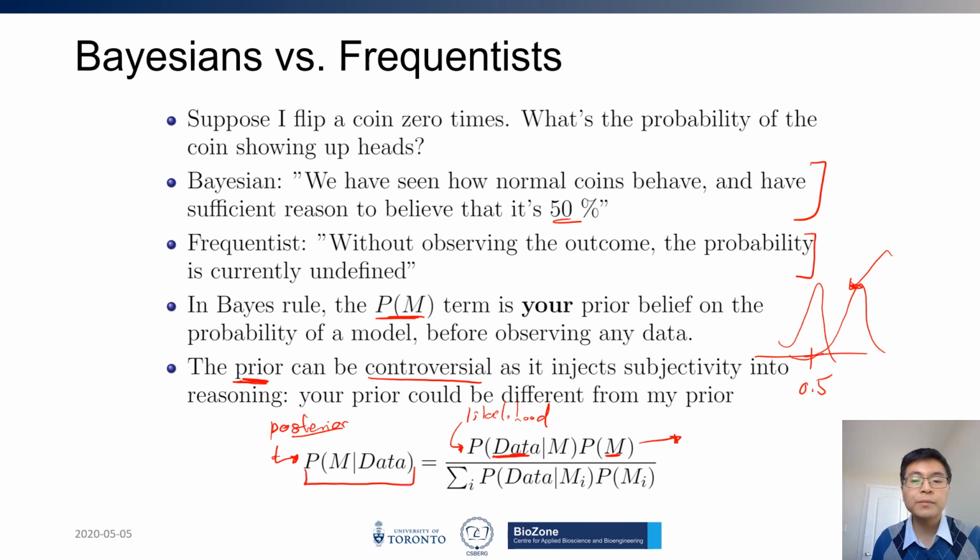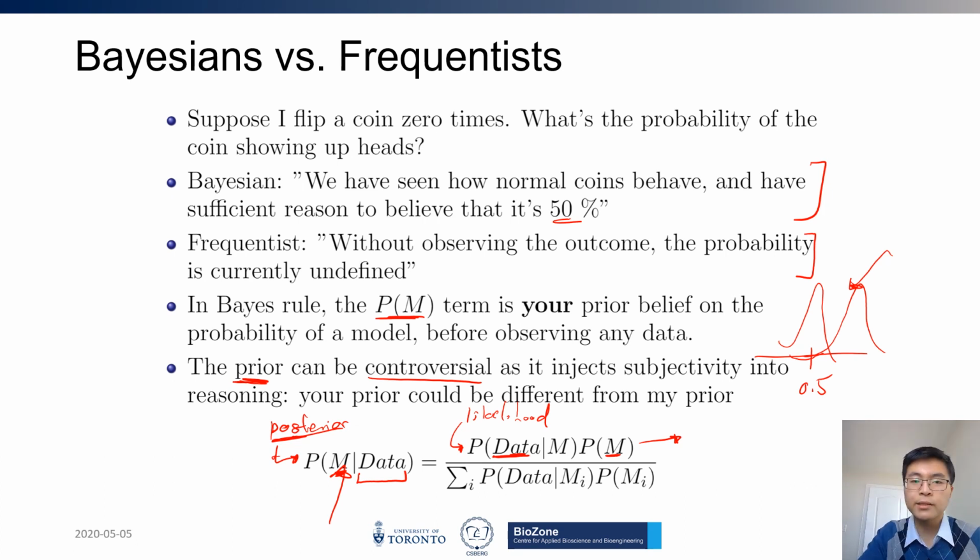Then you're going to update your prior after observing your data. So that's going to be in the form of the posterior, where it's still a distribution over M, right, your model, but that is conditioned on data that you've observed. And so in the Bayesian mode of reasoning, you're effectively constantly updating your model of the world as you observe more data.